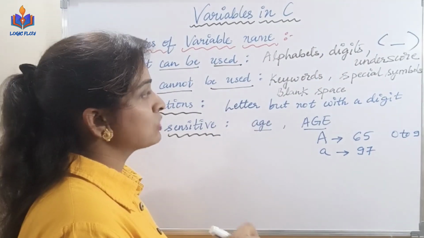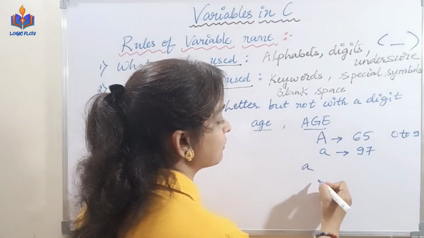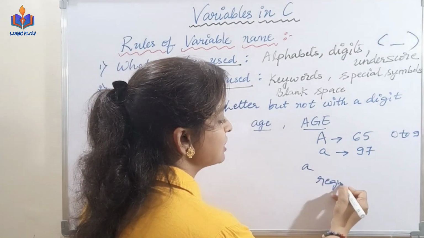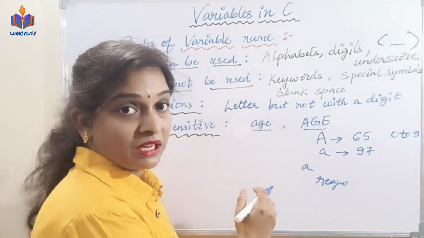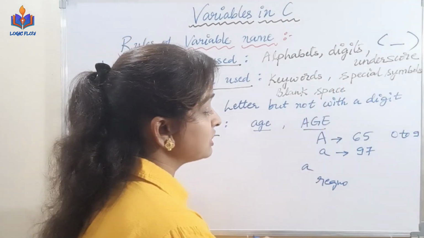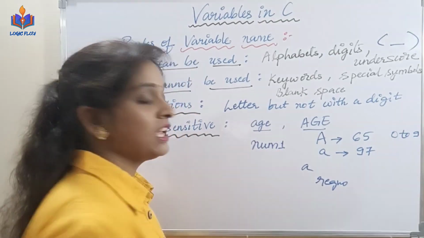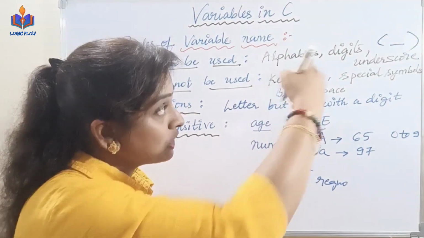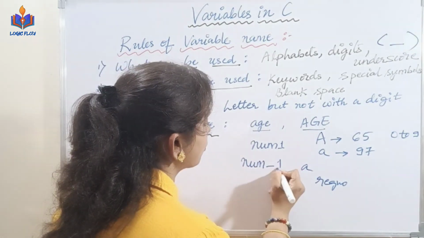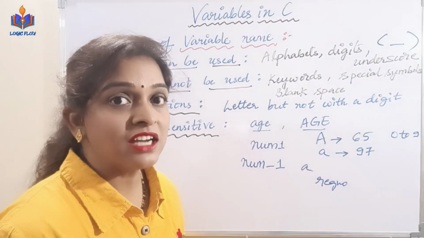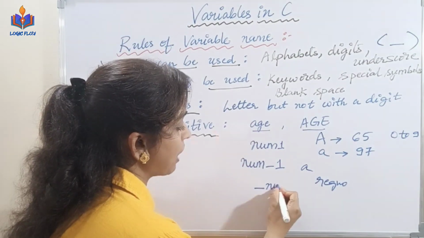When I say I can use alphabets, I can name the variable A, or register number, and all these are valid variable names. I can use digits: I can just say num1 as the variable name. I can use underscore: I can say num_1, and in a few compilers you can also start with the underscore, so I can have _num.